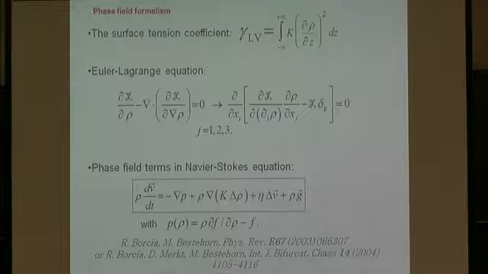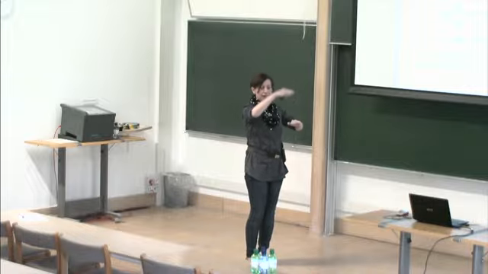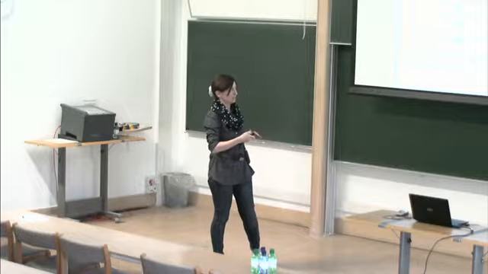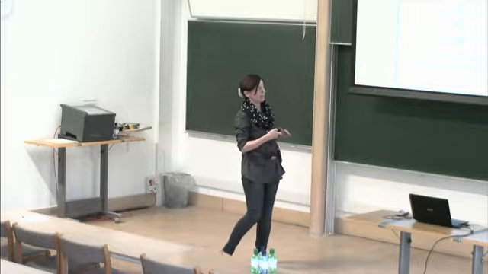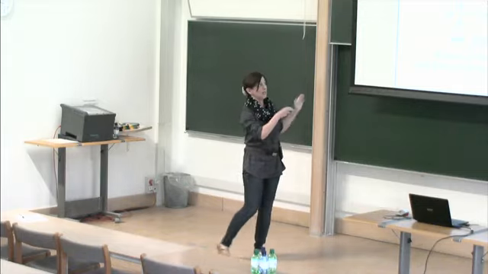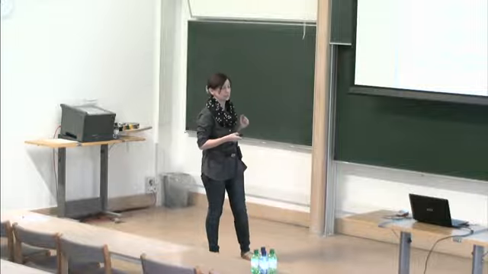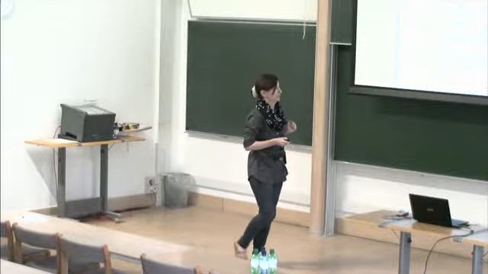We can observe that this term disappears when the fluid is homogeneous, so in the liquid and in the vapor phase there will not be gradients of the density. This term acts only at the interface between the liquid and the vapor and will assure the balance between the capillary forces and the viscous forces, exactly like in the classical models.